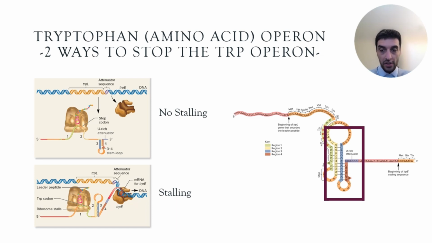Okay, very clever enzyme. You can see that this part of the operon, this UTR, is highly complementary. So that's why it's easy for it to fold into these hairpins.